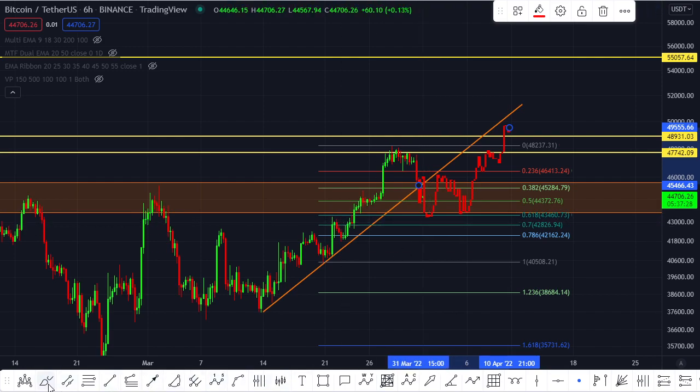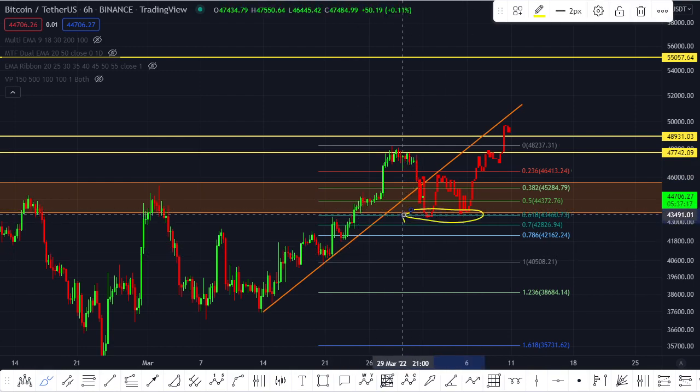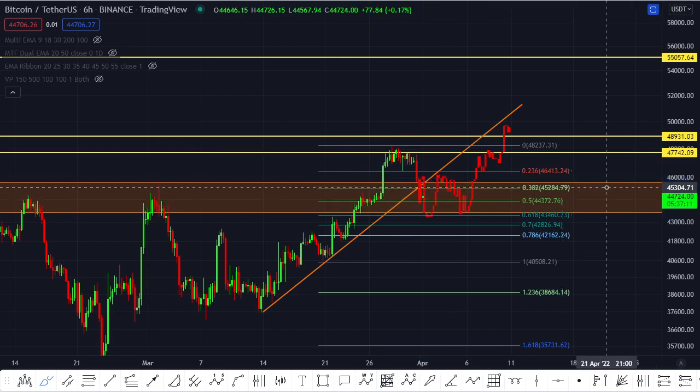The key signs that will tell you that this Elliott wave retracement, wave 4, is still legit is if BTC over the next few days is able to hold above the golden pocket. Especially if you start seeing this W bottom formation, then you will know that this analysis is 100% correct.